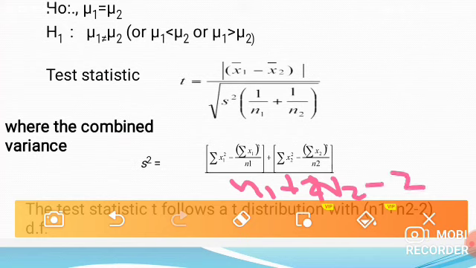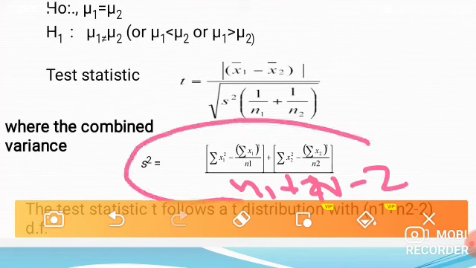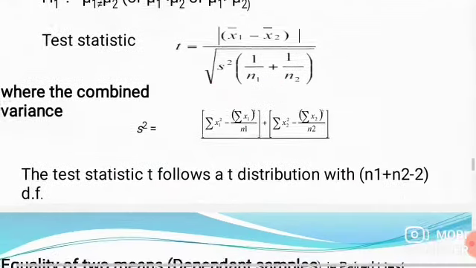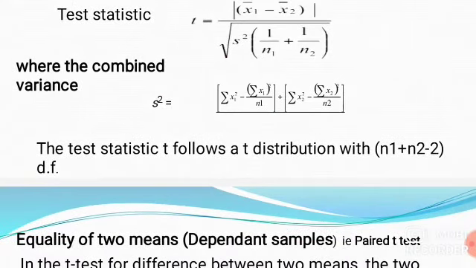So this is the formula of variance of the sample. Now the test statistic t follows the t distribution with n1 plus n2 minus 2 degrees of freedom.